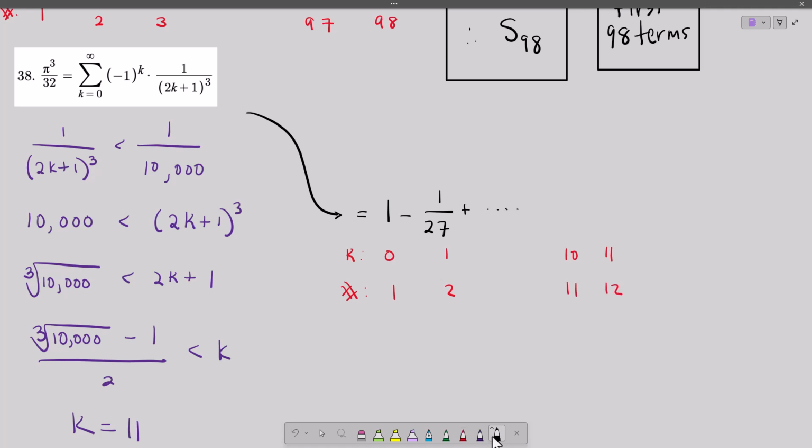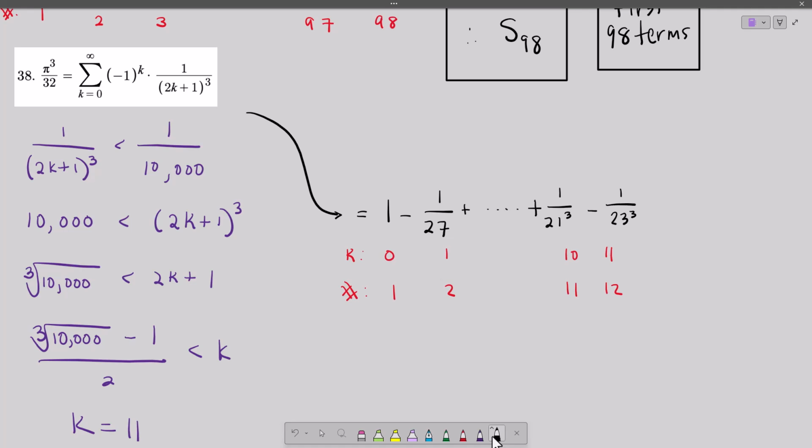When we have an even, this is going to be positive, and when we have an odd, it's going to be negative. When we plug in 10, 10 times 2 is 20, so we have 1 over 21 cubed. And when we plug in 11, we're going to have 23 cubed.